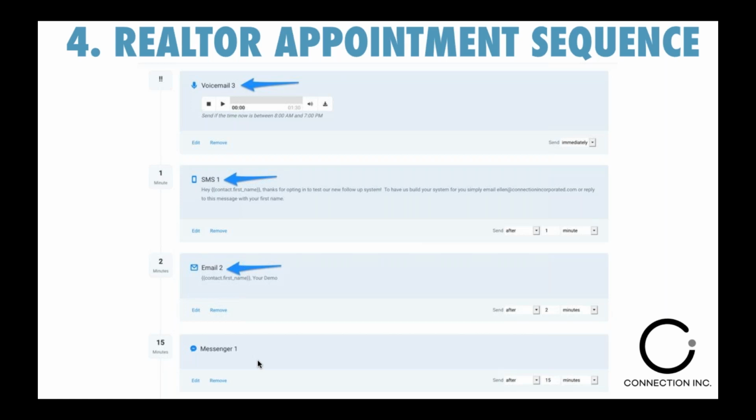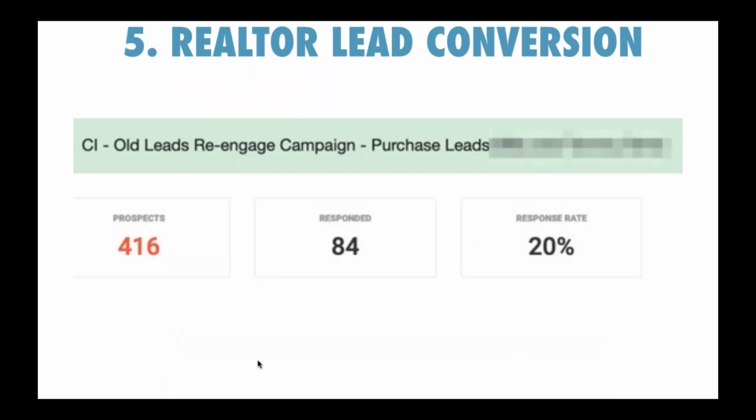So this software can be used to actually book appointments with your realtors. If you have a list of realtors that you're focusing on, this system has the automated text messages and emails that you need to nurture that relationship automatically until the realtors are ready to reach out to you, which is super cool.